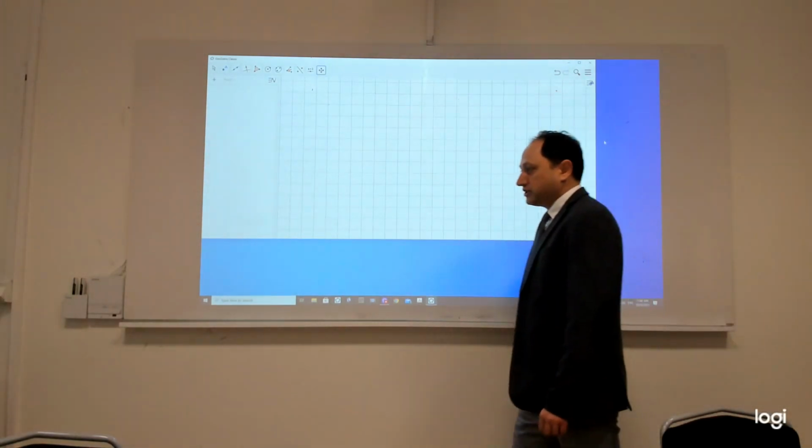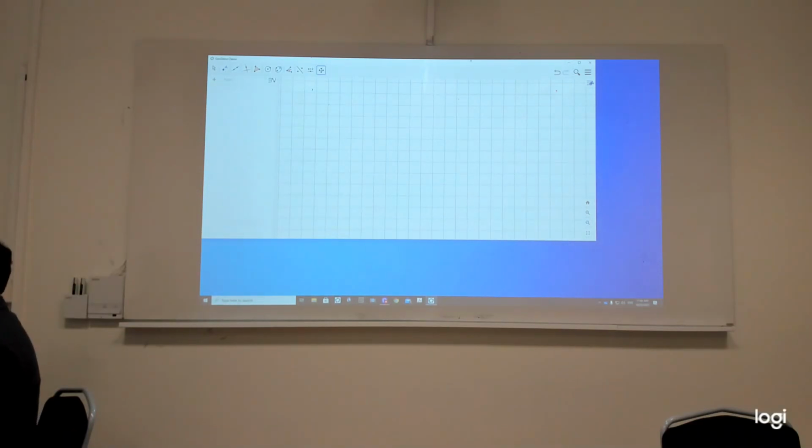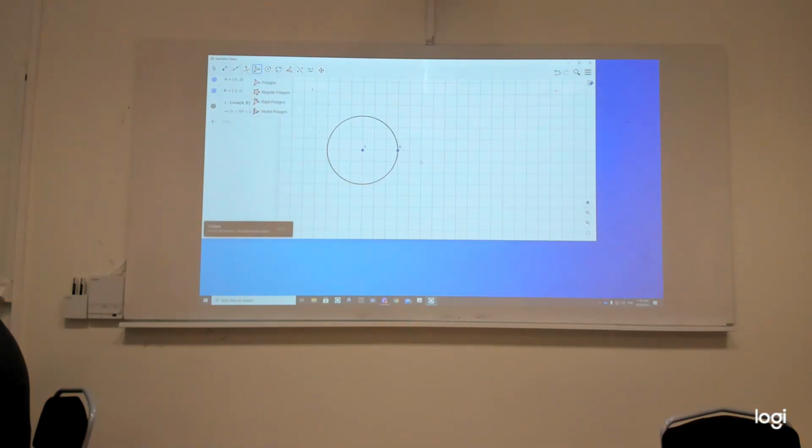So the question was this. Let me just sit down here and try to do it. If I have a circle, let me just have this circle, for example, any circle here. And then I make a triangle so that one vertex is moving on this circle, and the base is fixed.